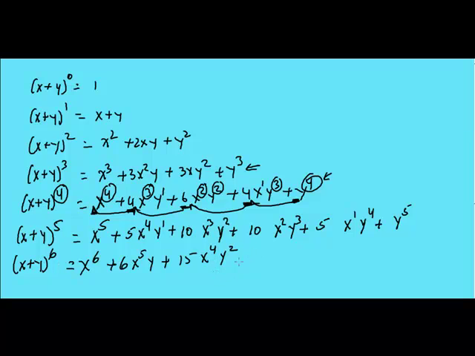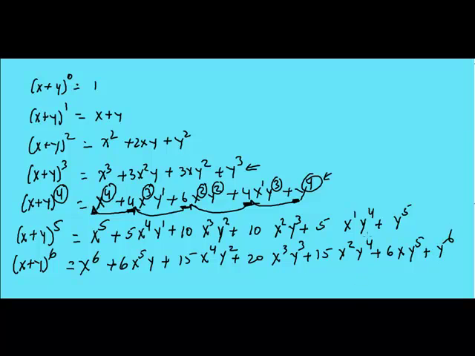Every one of these will add up to 6. And then plus 20 x to the third y to the third, plus 15 x to the second y to the fourth, plus 6 x y to the fifth, and then the last one is y to the sixth.